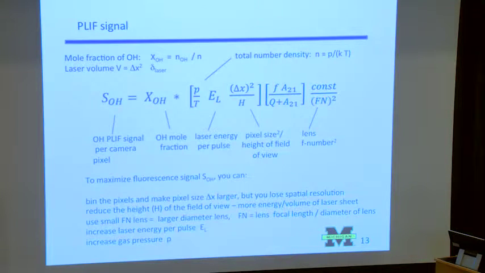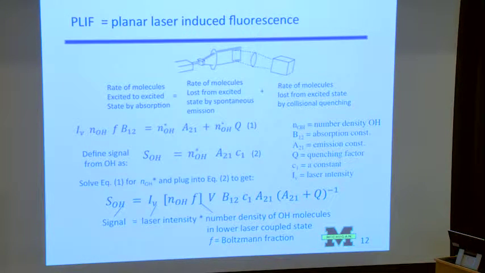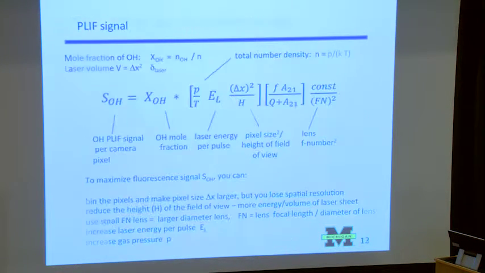Okay, if you want to optimize the signal, which you may have to do, you would write that equation in a slightly different way. You would take intensity, which I didn't write, but it's proportional to the energy per pulse divided by h, the height of the laser sheet.